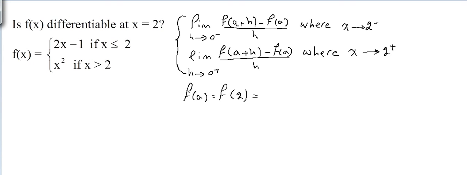So we substitute 2 instead of x in the part where f of x equals 2x minus 1. Then it is equal to 4 minus 1 equal to 3.